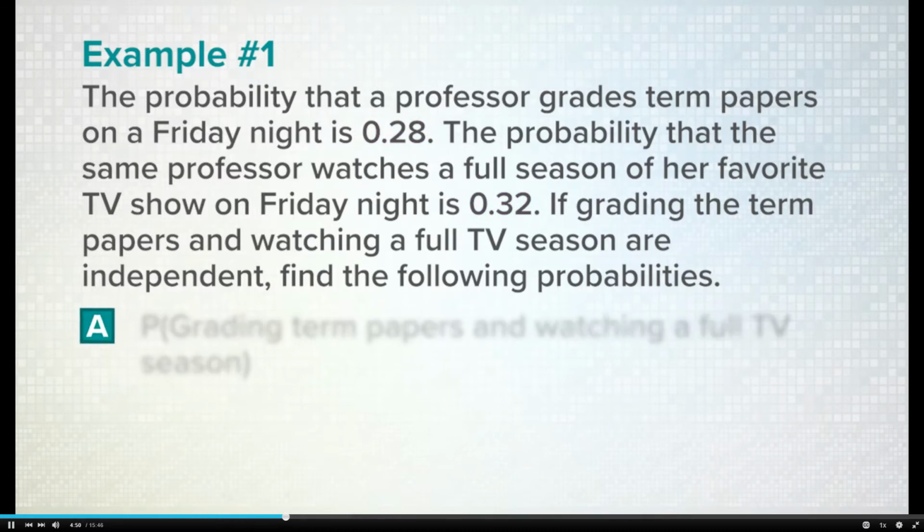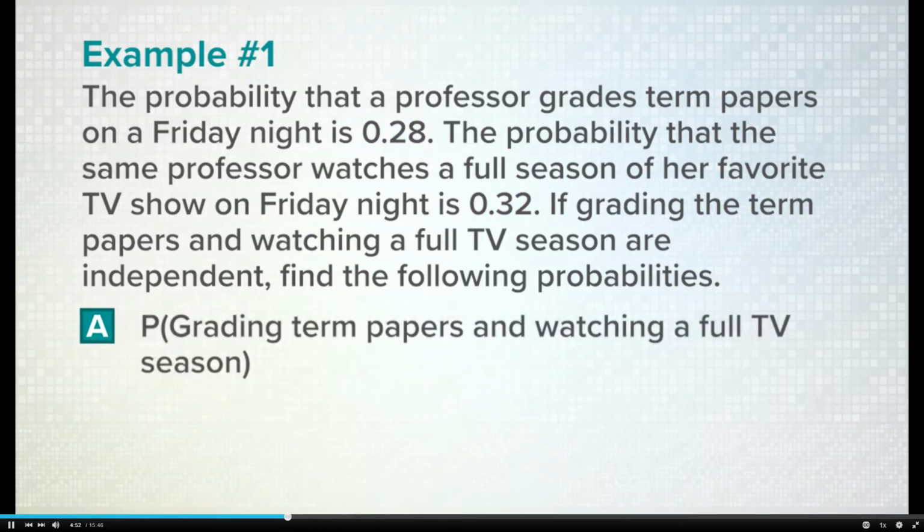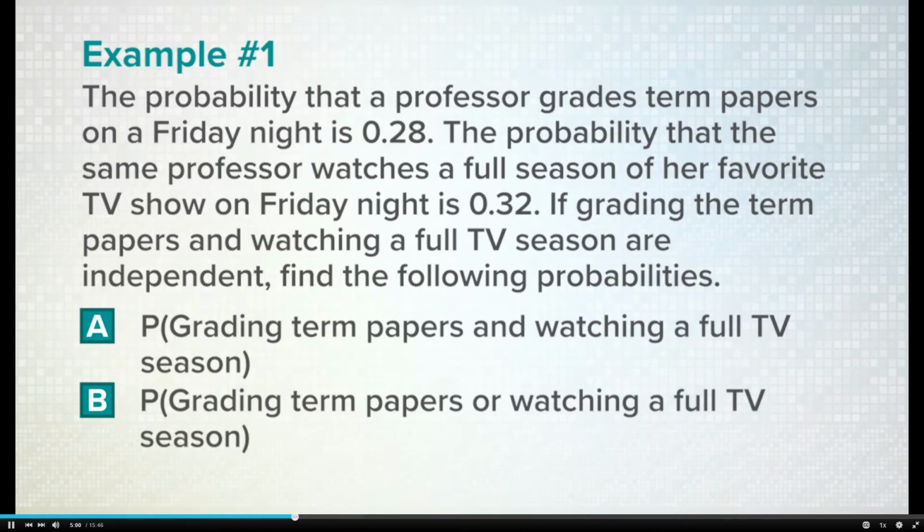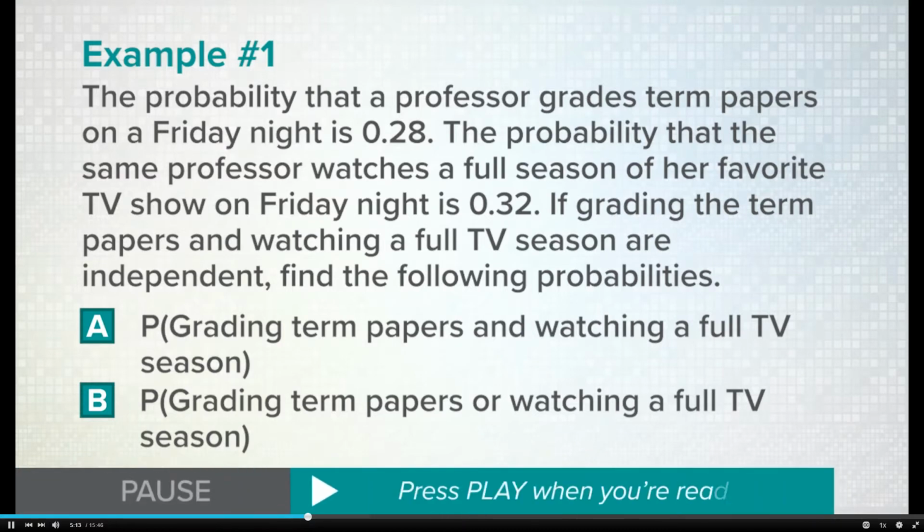A, what's the probability of grading the term papers and watching a full TV season? And B, what's the probability of grading the term papers or watching a full TV season? Let's see how this differs from when we talked about this example before when the events were disjoint. Pause the video and try the problem.